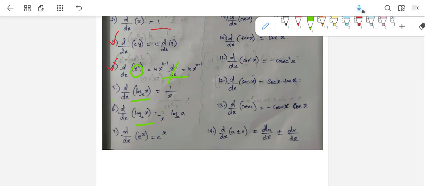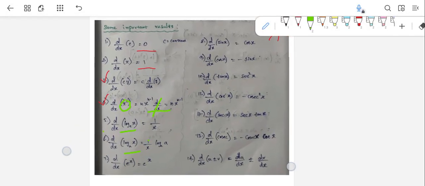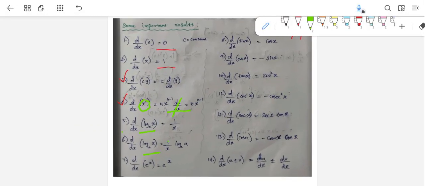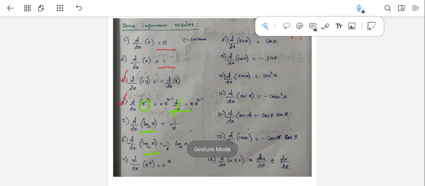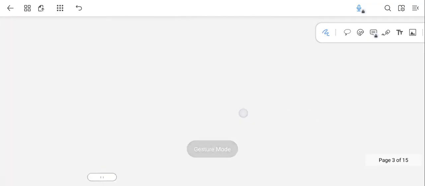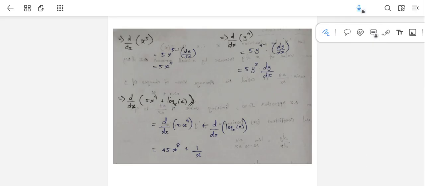That's why I have not written it here. While doing questions, it's good for you to write it. As I told you, when I am doing a question, you can understand. So wait a minute, better I will solve a question so that we can understand.